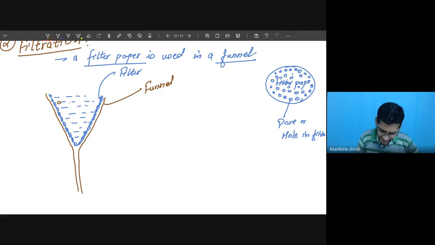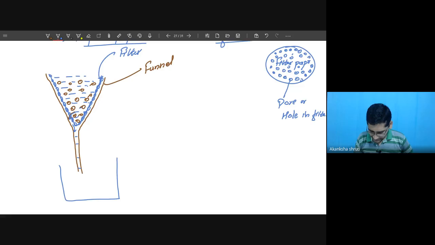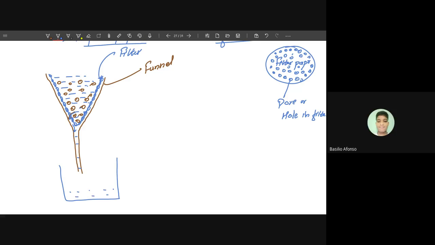Now the sand particles are bigger in size than the holes in this filter paper. So what will happen? The water will move here and only water particles are able to come through. So water will come out and get collected somewhere. The solute must be bigger than the holes.